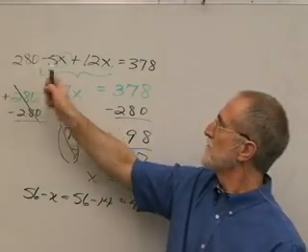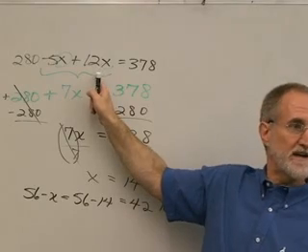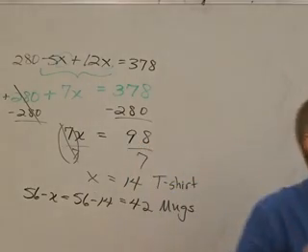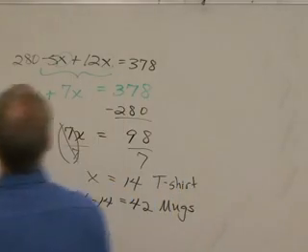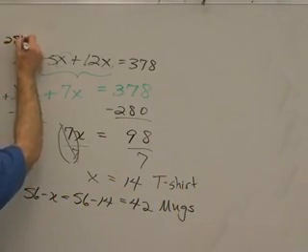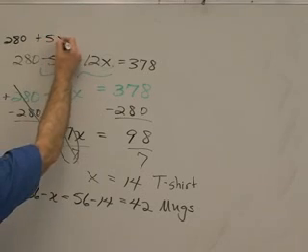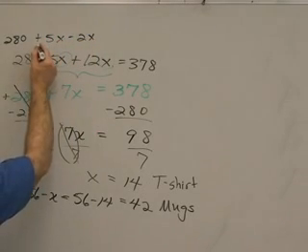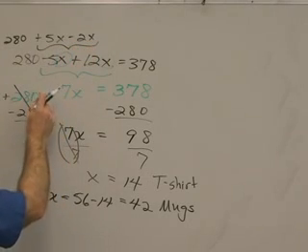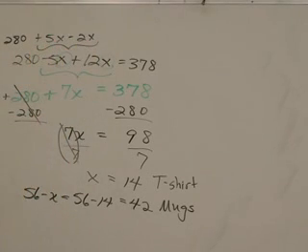If you had a number, say 280 plus 5X minus 2X, it had been reversed, you still are going to solve the X's first, right? You're going to say, that'd be 3X. 3X, that's right. And then you do what you need to with the 280.